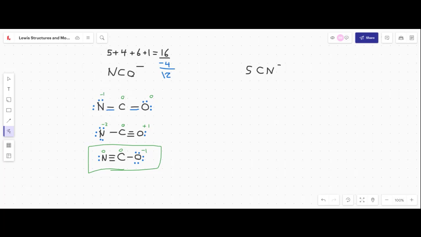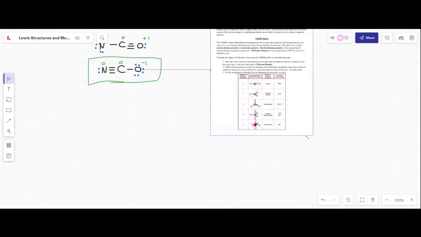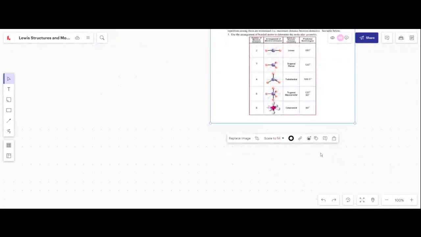Now, the valence shell electron pair repulsion theory basically states that electron groups will try to be as far away from each other as possible in order to be stable, because electron groups are made up of electrons.